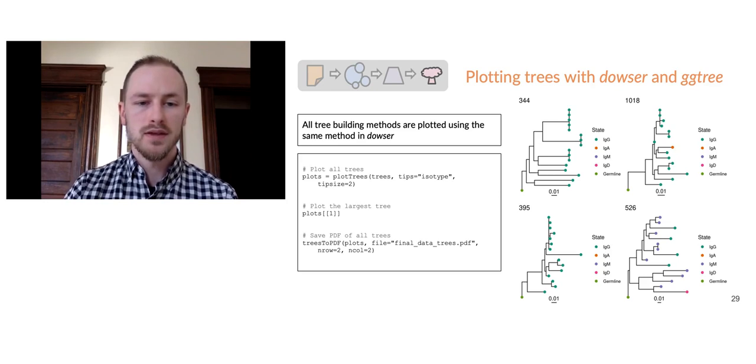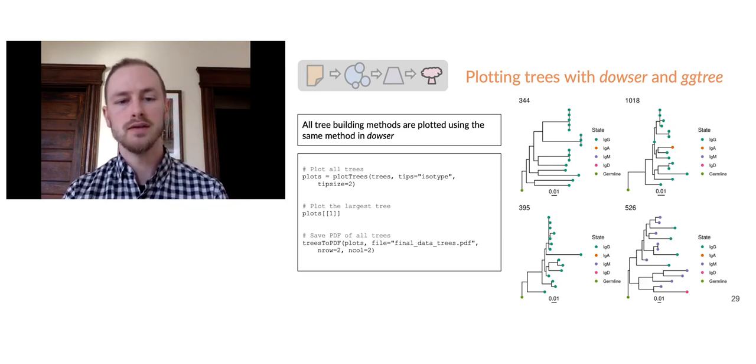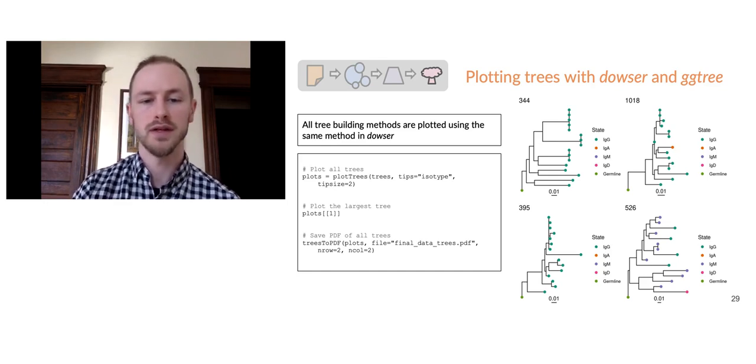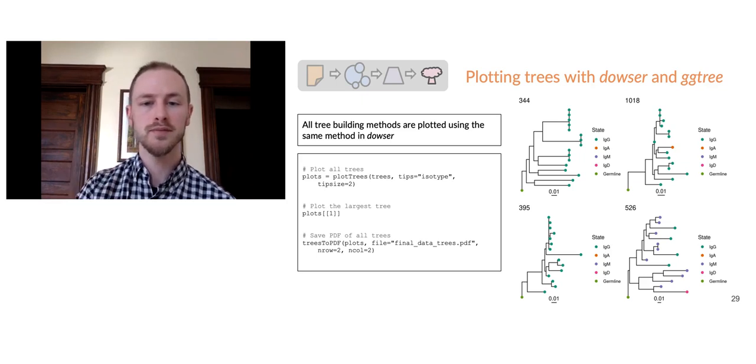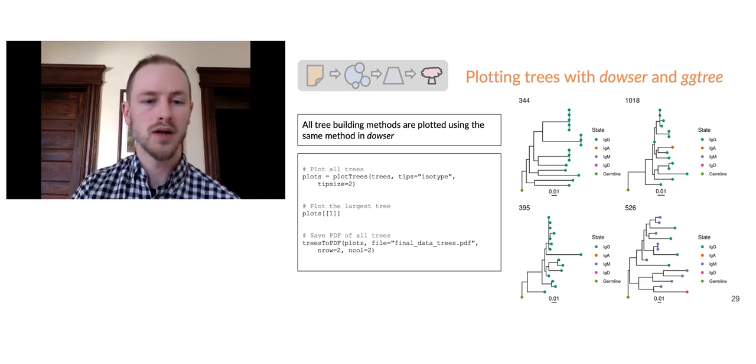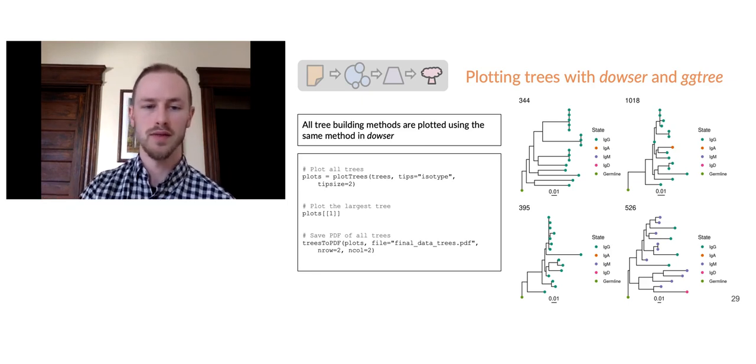We just pass the trees data frame to the plotTrees function. We specify the tips as isotype, which means we want to color the tips by the isotype of their cells. And we specify a tip size of 2, which just toggles how large we want the tips.